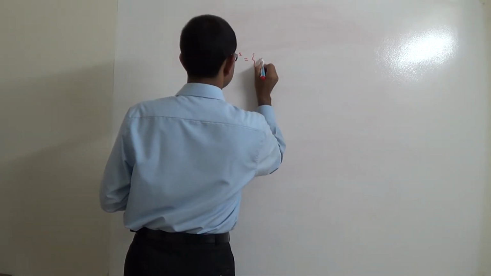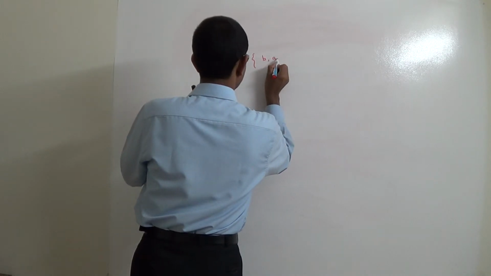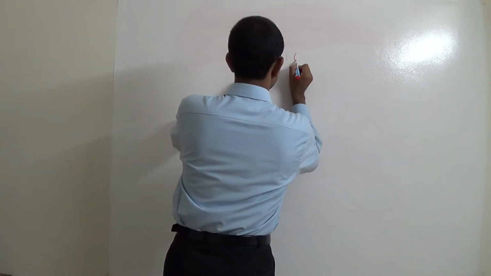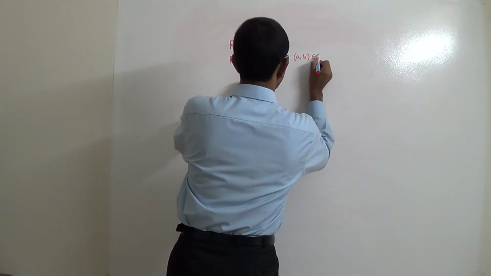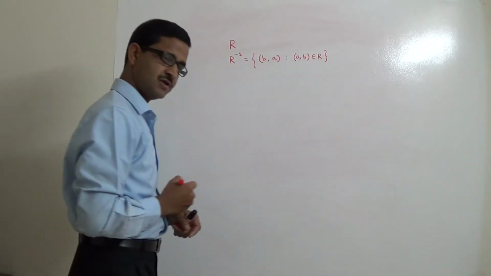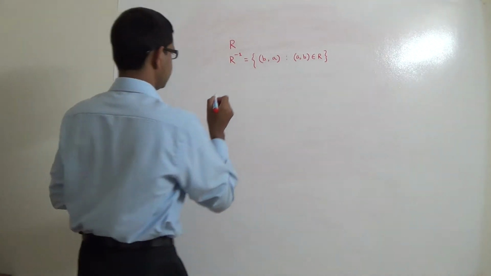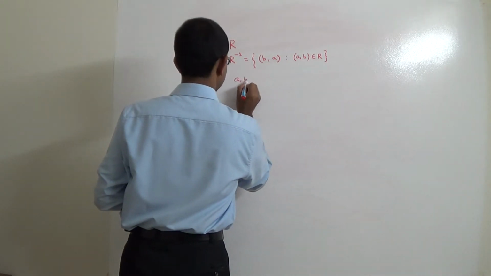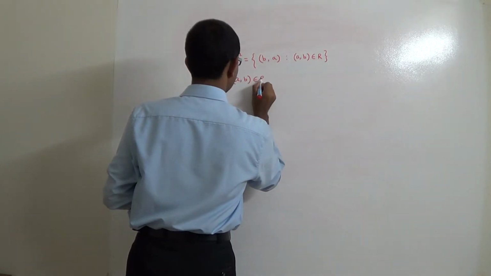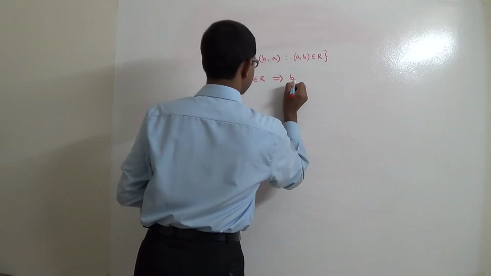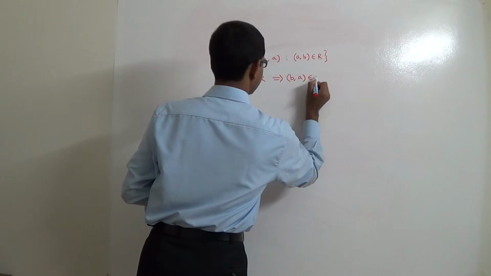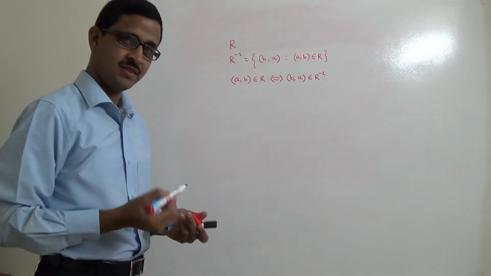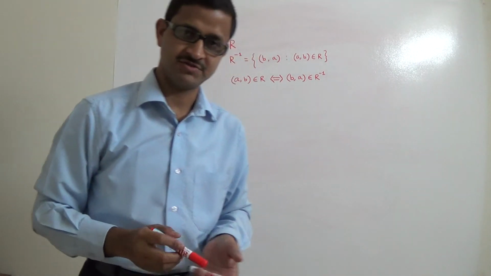That is nothing but the set of ordered pairs B comma A such that A comma B belongs to R. Very simple, right? So from here, what we can conclude very clearly is that A comma B belongs to R implies B comma A belongs to R inverse, and implied by as well.